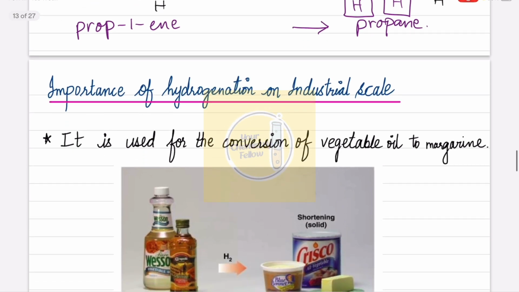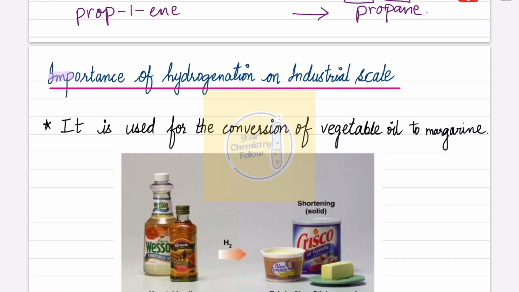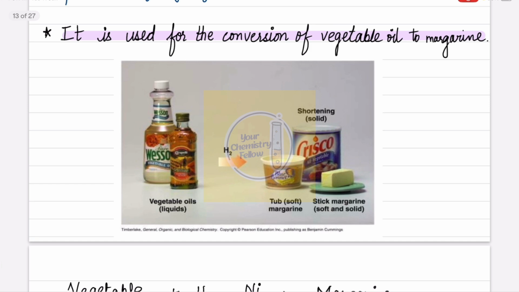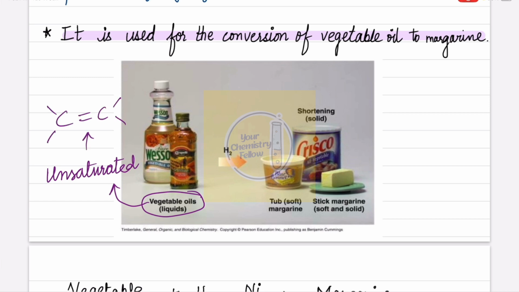Now, we will discuss the importance of hydrogenation on industrial scale. It is used for the conversion of vegetable oil to margarine. So, this means that vegetable oils are unsaturated in nature. This means that they consist of carbon to carbon double covalent bonds in them. They are alkenes.